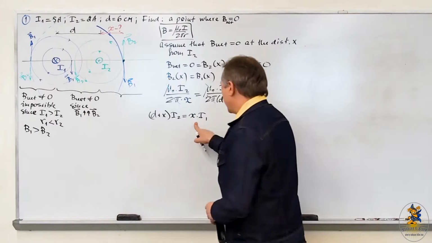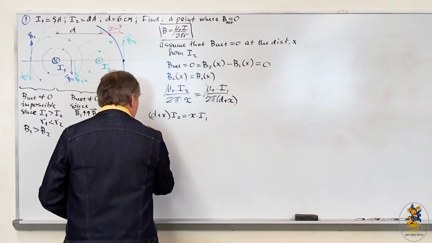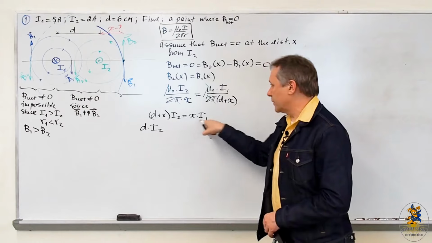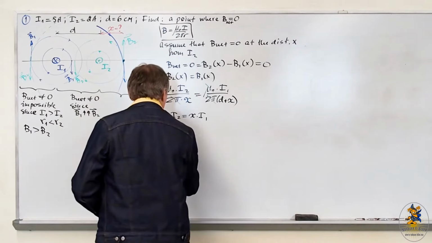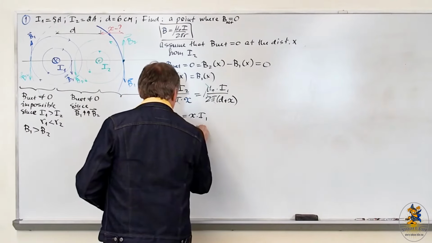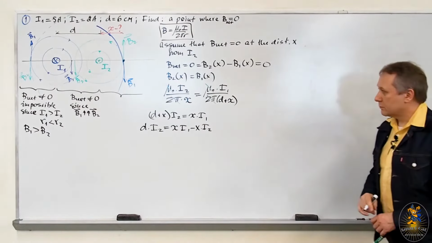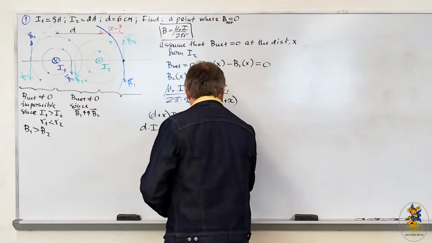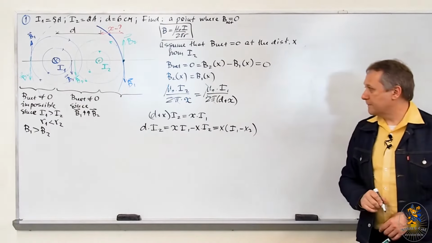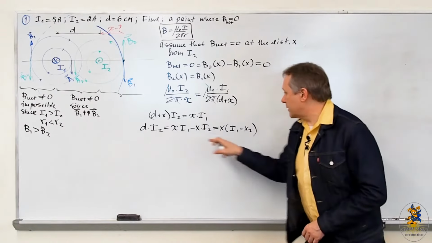Okay, so x over here and over there, so we need to combine them. So it will be d I2, and this I will move to this side. So it will be x I1 minus x I2. And of course x can be factored out. So x (I1 minus I2).